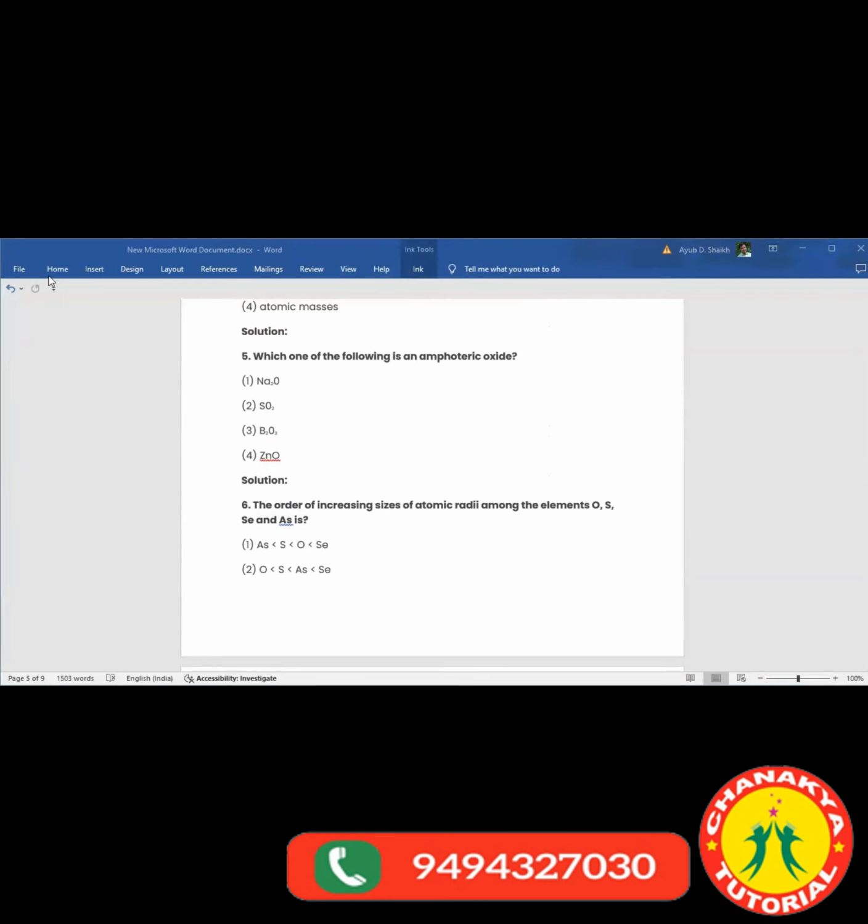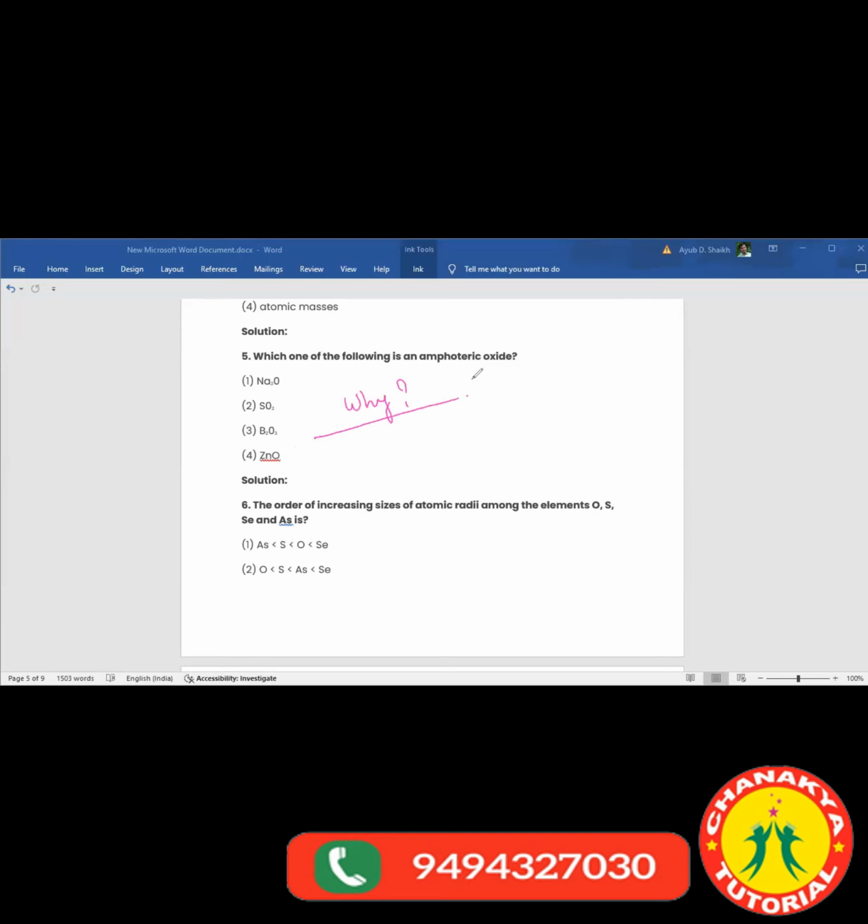You have already learned it in grade 10 as well. ZnO. Yes, very good. Why is it so? Fine. Zinc oxide is an amphoteric oxide because it acts as a base as well as an acid.